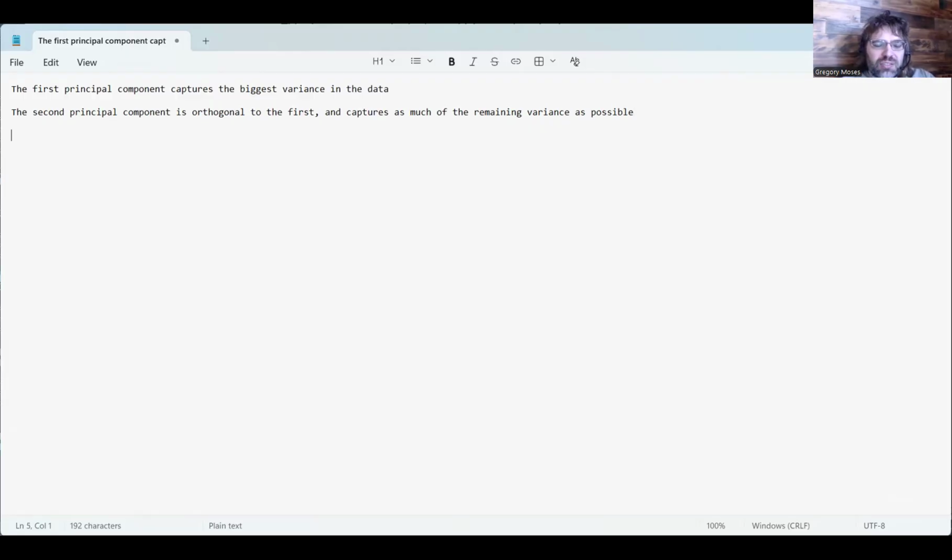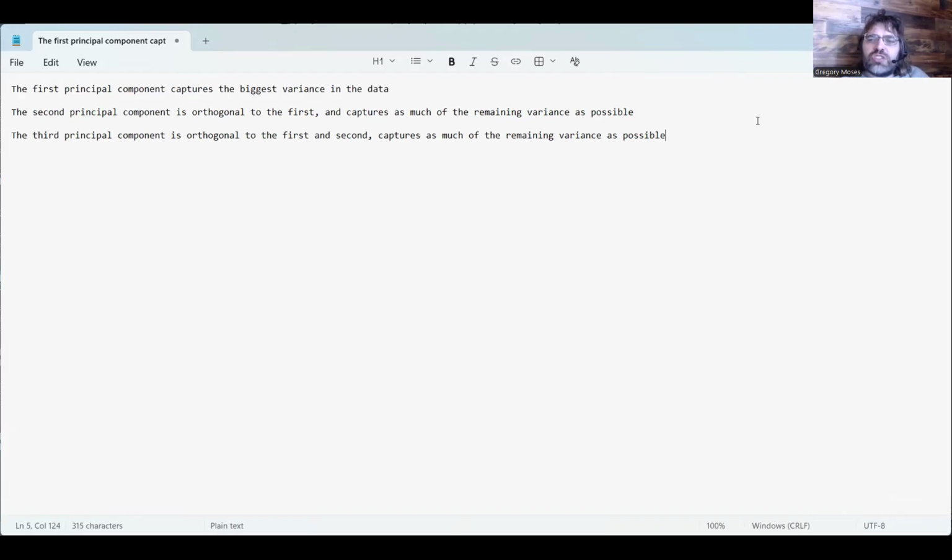And once we've seen the second principal component, there won't be any surprises. The third principal component will be orthogonal to the first and the second, and will capture as much of the remaining variance as possible.